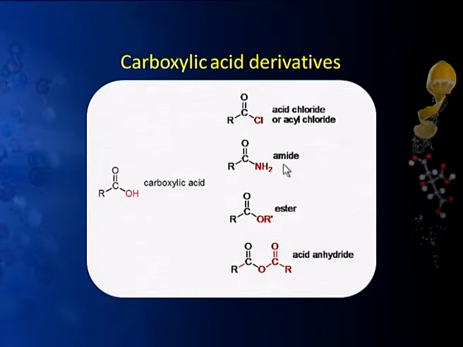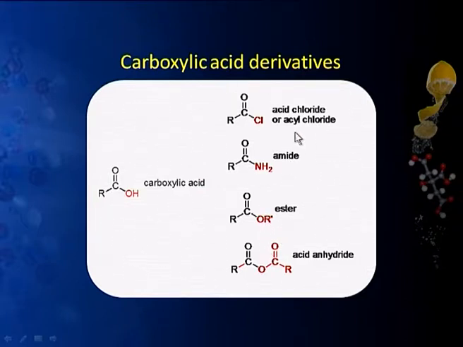We found that in these compounds, the basic reaction, which is nucleophilic substitution, occurs at a very fast rate in acid chlorides because chloride, Cl minus, is a very good leaving group, whereas amides are the least reactive compounds because NH2 minus is a poor leaving group. The reactivity of esters and anhydrides comes in between.